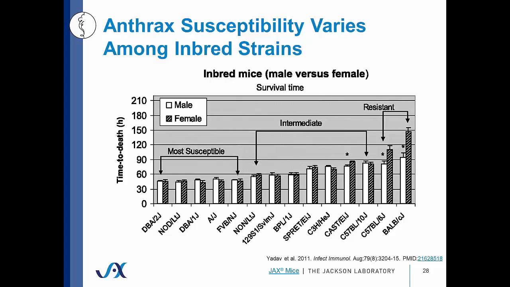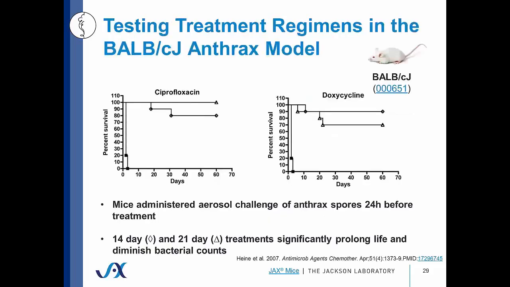And so you can take information like this to develop your own studies, as the authors did here, where they took BALB/CJ mice and infected them with anthrax spores 24 hours before treating them with ciprofloxacin or doxycycline, and then they measured their survival.